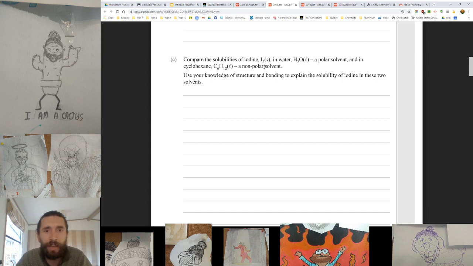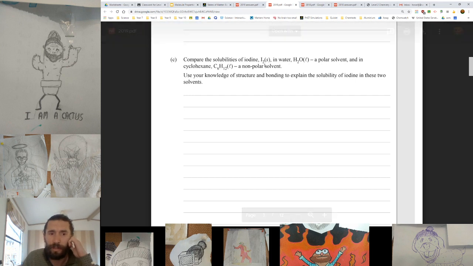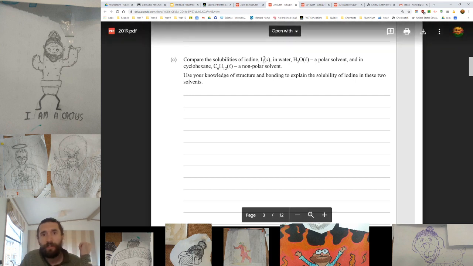So the first thing is we have to look at iodine, I2, and work out, is it polar or non-polar? I think I2 is going to be non-polar, because these two iodine atoms both have the same electronegativity. So neither one of the iodines is going to attract the electrons more. So this is non-polar.